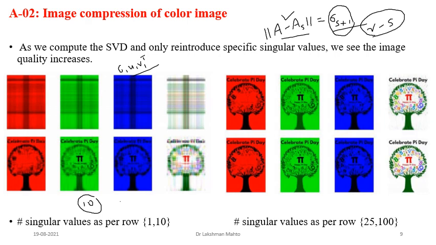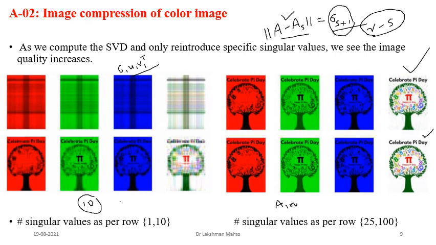If you augment all three layers, you get the approximated color picture. If you take 100 singular values, you get an approximated matrix of rank 100. By augmenting these three layers you get the color picture, and it is very near to the original.